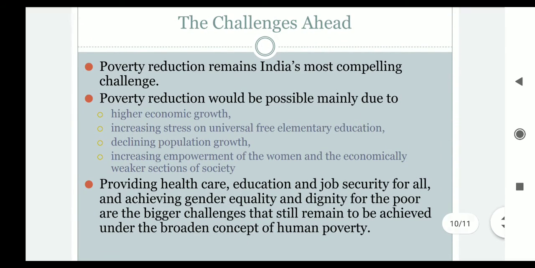Children, thus we see that poverty reduction remains India's most compelling challenge, and poverty reduction would be possible mainly due to high economic growth, increasing stress on universal free elementary education, declining population growth, increasing empowerment of women and the economically weaker section of society.